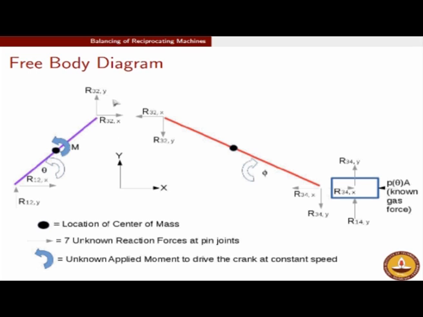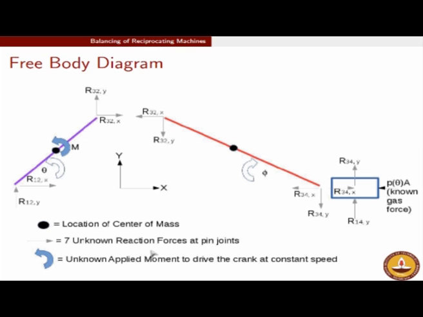If I know what the forces coming on the crank from the connecting rod are, I can evaluate what forces the connecting rod receives from the crank, because that is just an action reaction pair. So I don't count these reaction forces as unknown, because once I determine these forces, I should be able to determine the reaction to those forces.